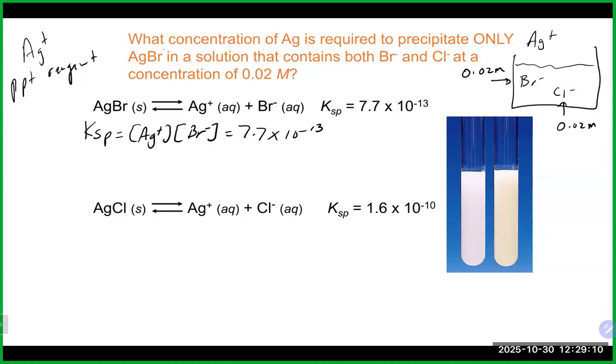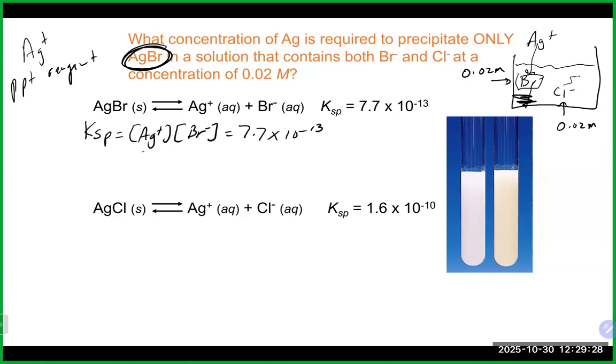So remember, our goal here is just to get the bromide to precipitate out first and leave the chloride ions still floating around. So the goal here is to take this guy and bring it out as a solid, leave this guy happily floating around in the solution.